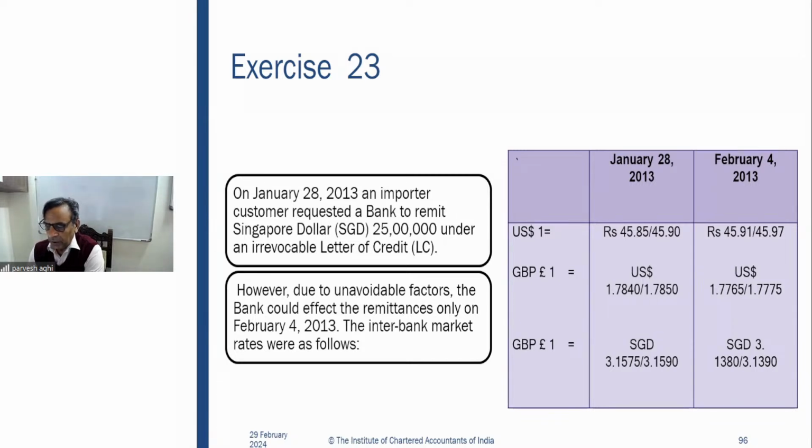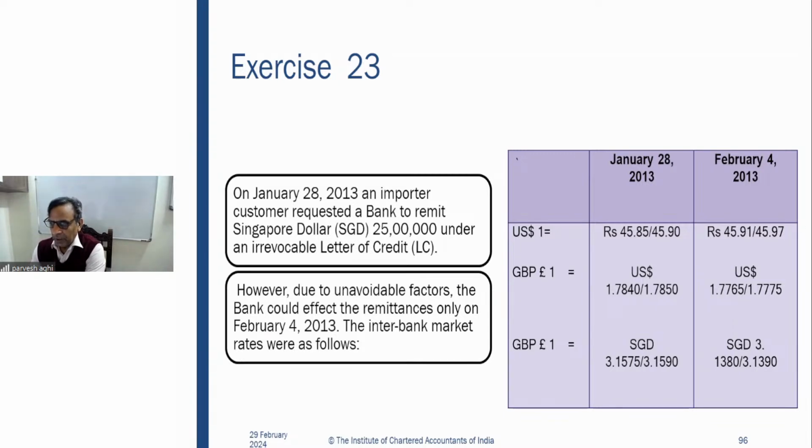Okay, fine. Now, since the direct quote is not given, the quotes are given for US dollar and for pound. Pound rates are given in terms of US dollar as well as in Singapore dollars. Since we have the rate of dollar, he's going to buy the dollar.